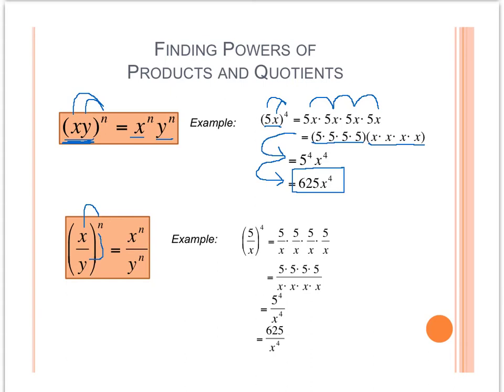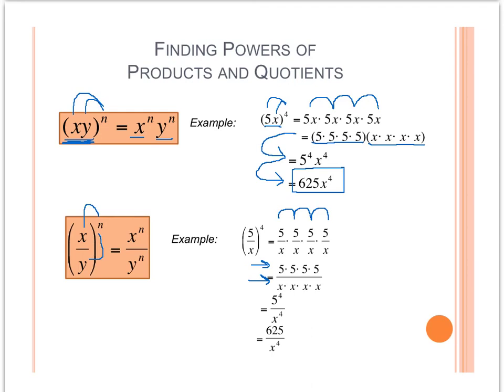So if we look over at the example, we have the quantity of 5 divided by x all raised to the 4th power. And we know that you can rewrite this as that quantity being multiplied by itself 4 times. And then, if you simplify that even further, since when you multiply fractions, you multiply across the top and bottom, we're left with 5 multiplied together 4 times in the numerator, and x multiplied together 4 times in the denominator.